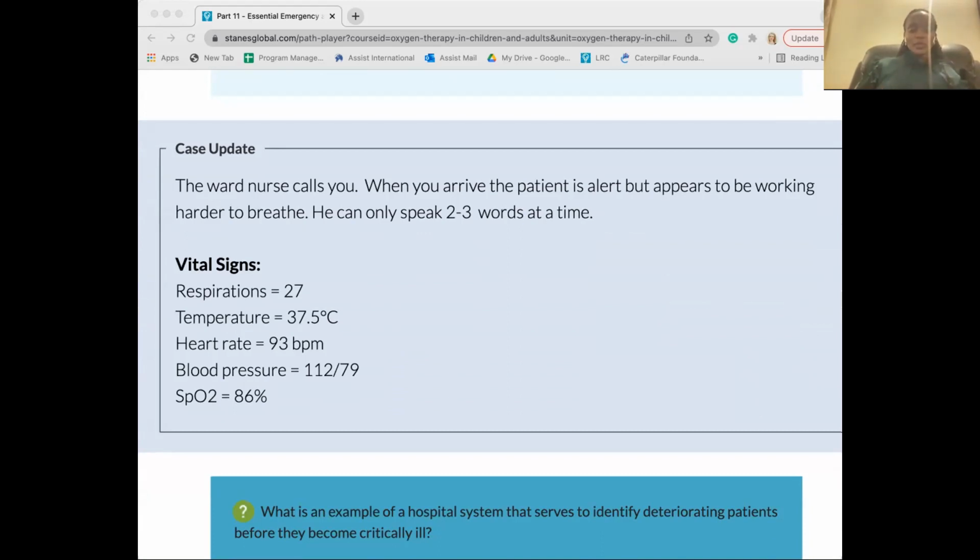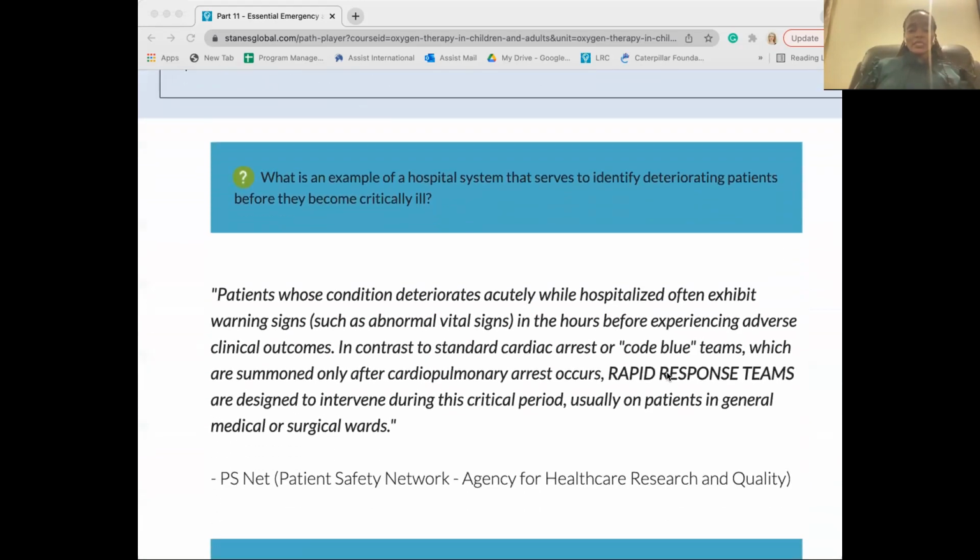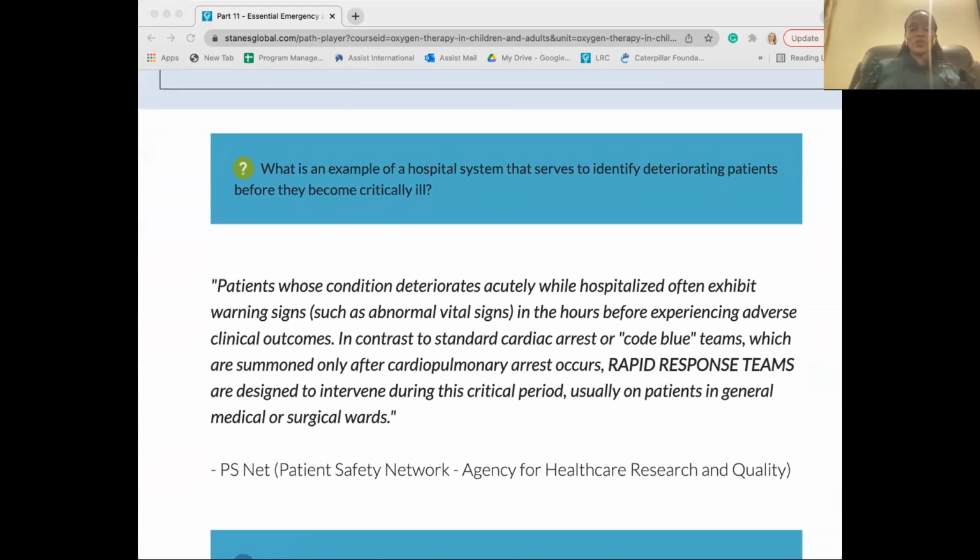So we can go down. What is an example of a hospital system that serves to identify deteriorating patients before they become critically ill? So basically here we are trying to understand, does your facility code patients? Is there a type of coding to show this patient is coded, meaning that they're critically ill? Most hospitals use something like code blue.